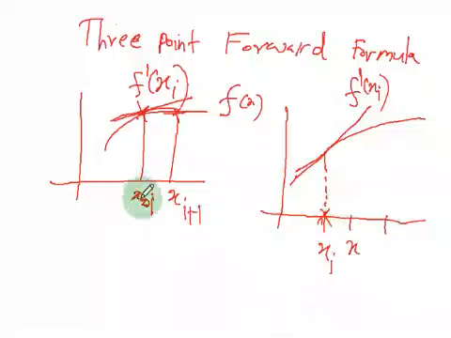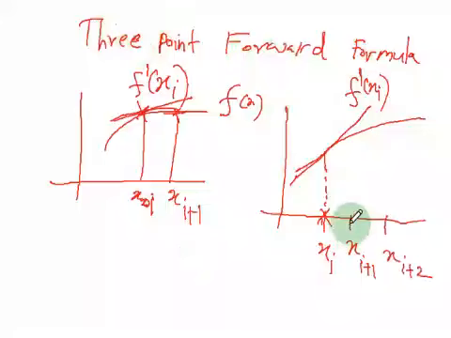Earlier we used only 1 point in front, right? Now we use the extra point in addition to this, so let's write that using these points, x i plus 2. That's why you say the 3 point forward.